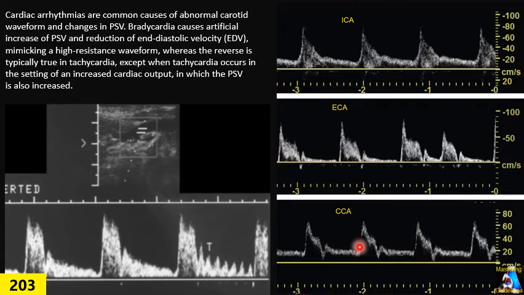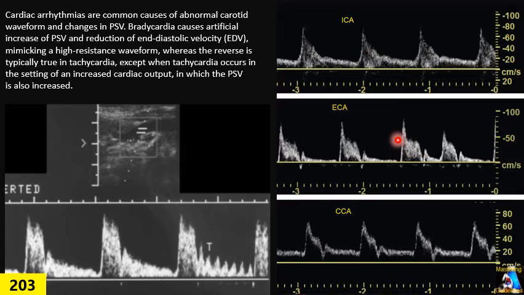Another condition we have to consider when we evaluate carotid Doppler is heart rhythm. As we know, in older people, especially over 65, cardiac arrhythmia is not uncommon, and heart rate and contraction, including ejection fraction, all affect the spectral Doppler, especially the peak systolic velocity and to some extent the end diastolic velocity too.